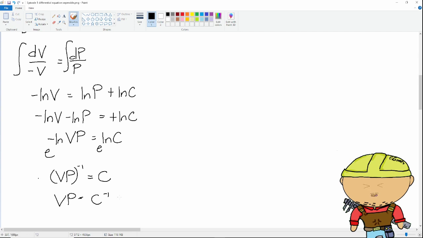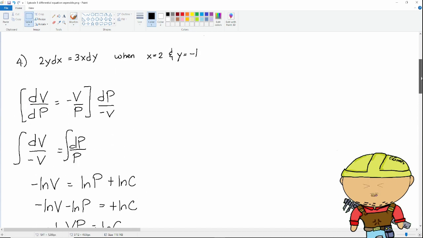Since c is a constant, we can let c raised to negative 1 equal c for simplification purposes, so that our equation will simply be vp is equal to c, which will be your final answer. Take note, we're doing this to simplify our equation, to make it cleaner and simpler.